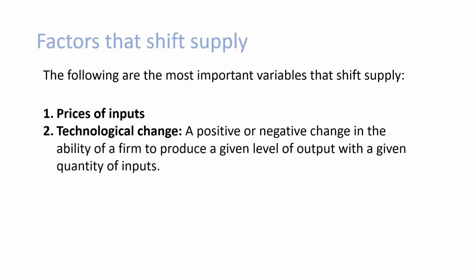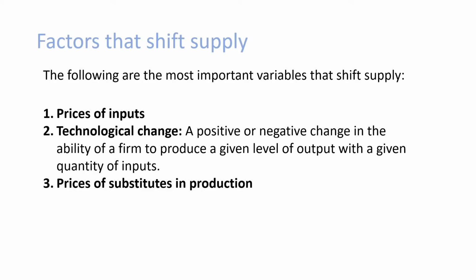Now, if they came up with a new technology that can produce more product, for example, the old machine had a capacity to produce 1,500 products per hour, now they came up with a new machine that can produce 100,000 units per hour. Because of this technological change, the supply curve will shift.